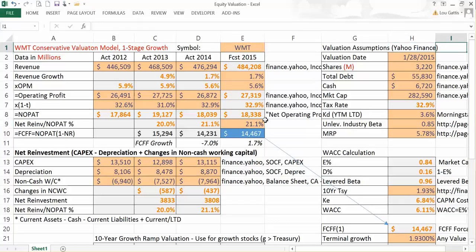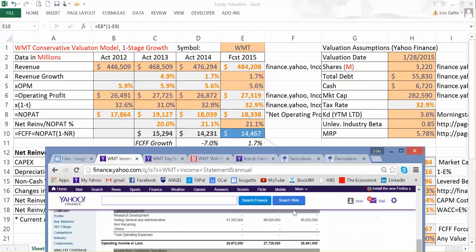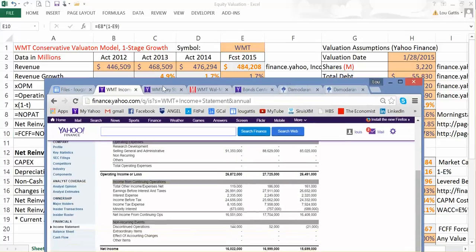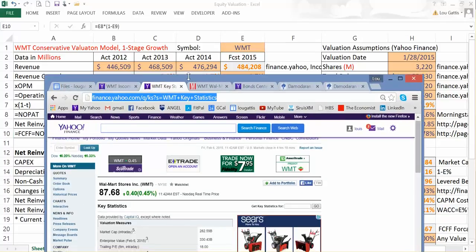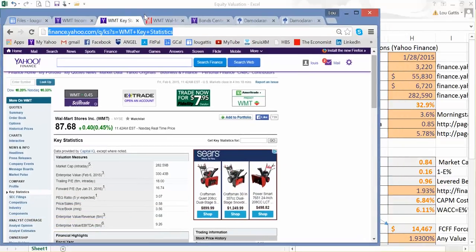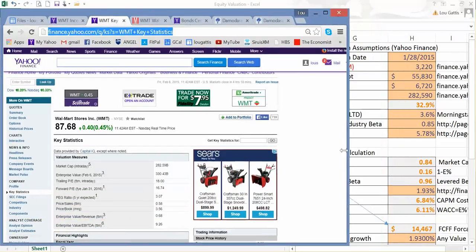Now I'm going to go back to Yahoo Finance and pick up some data, because I need to use this as my estimate of free cash flows next year, get an assumption of how that's going to grow, and take the present value of future free cash flows. The discount rate I'm going to use to take the present value of cash flows is called the weighted average cost of capital. So I'm going to go to Key Statistics in Yahoo Finance and pick up a number of items.